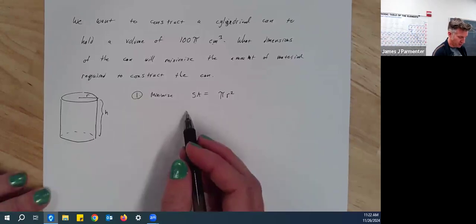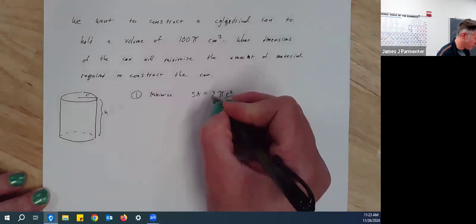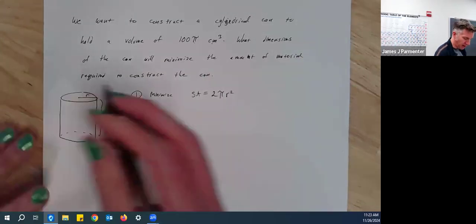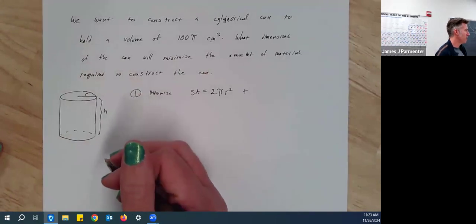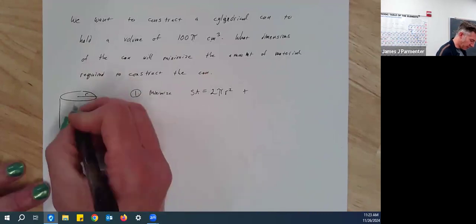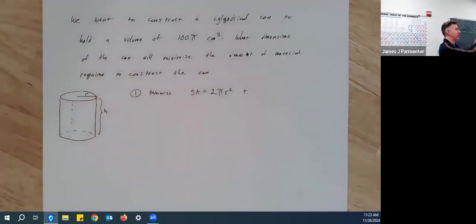So the surface area: the bottom circle is pi r squared, the top circle is also pi r squared, so I have 2 pi r squared. And then the around part is a rectangle. I always think of this as a roll of paper towels. If you take one paper towel that goes all the way around and you unroll it, what shape do you have?